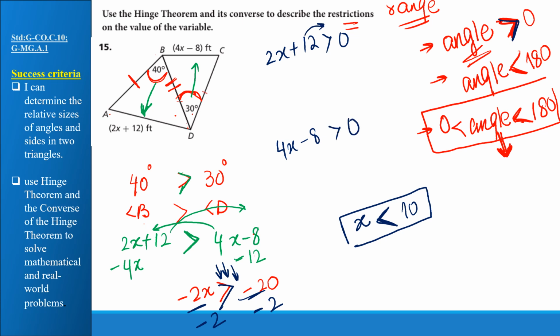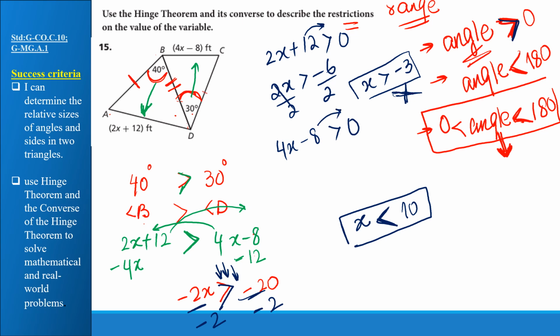If I take the first, 2x is greater than negative 6. Divide both sides by 2, so x is greater than negative 3. But a negative answer doesn't work for me. It's not useful, since I have studied previously that any side cannot be a negative number. So let's try the other one.